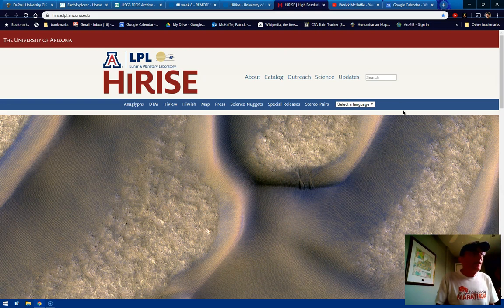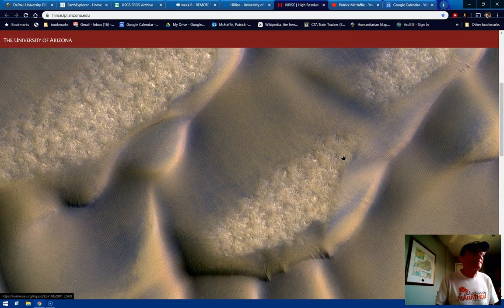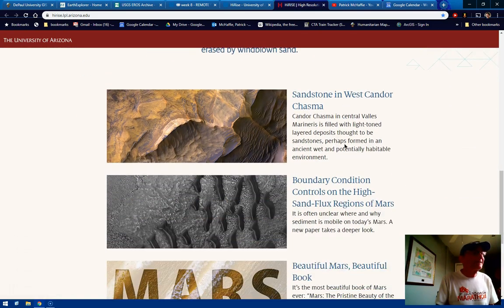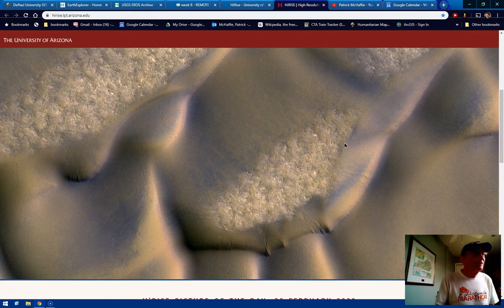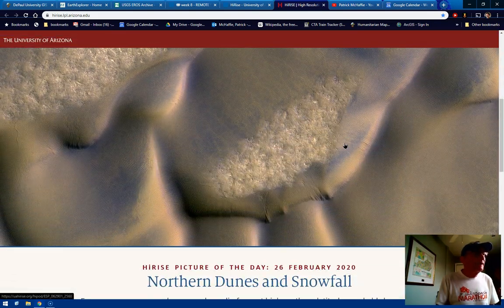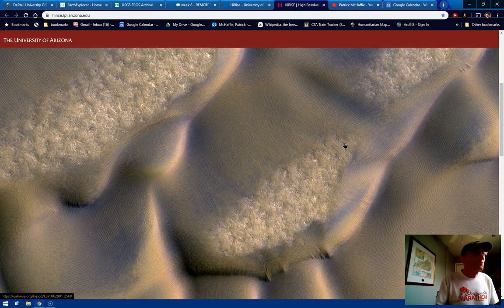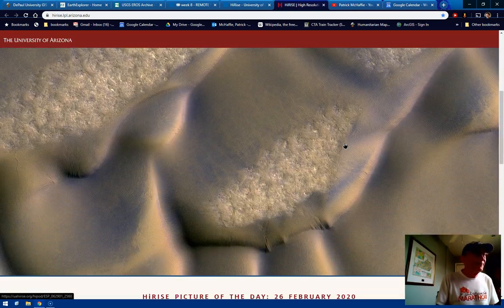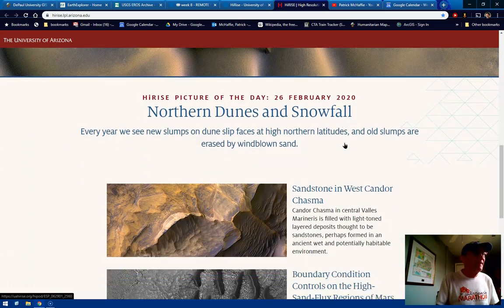Now, here's HiRISE, okay? This is pretty cool. And so they're handling this stuff. And all of the data that's coming back from these satellites is either being converted or it's being, look, northern dunes and snowfall. Snowfall on Mars? Wow. Cool, huh? Look at these images. Very cool.